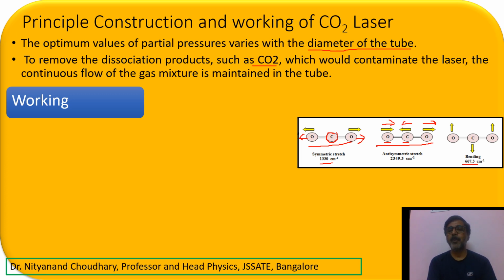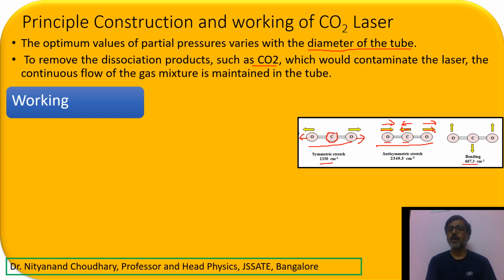Carbon is moving opposite to both, and that is called your asymmetric. Both oxygen atoms of that molecule are moving in the same direction, but the carbon is moving in the opposite direction, and therefore we call this asymmetric. Of course, its energy is higher than the symmetric.